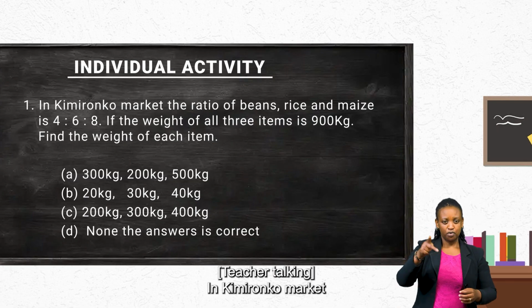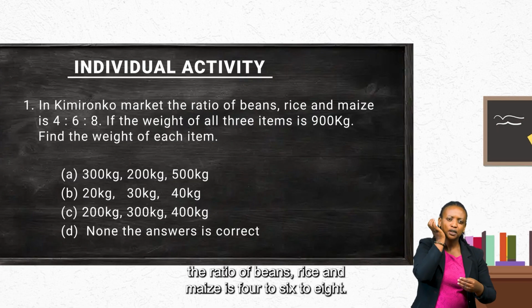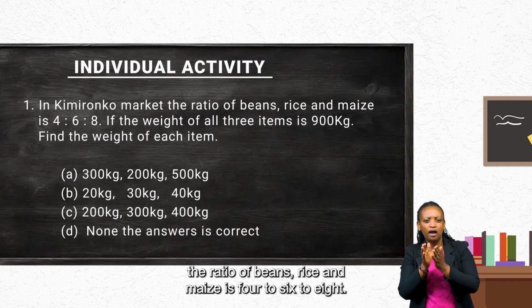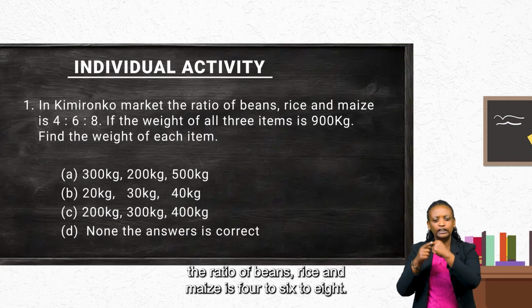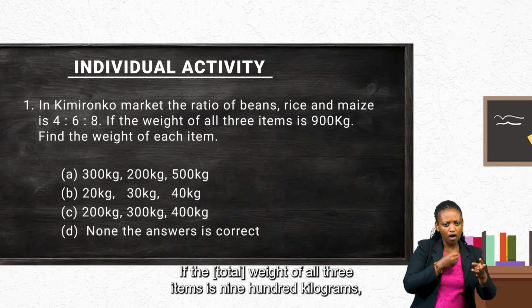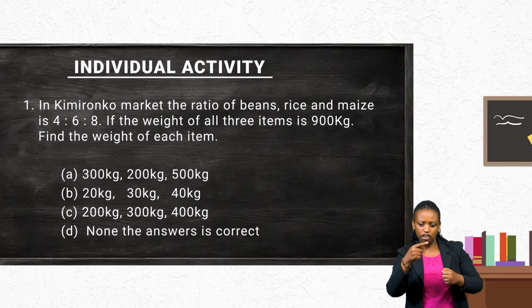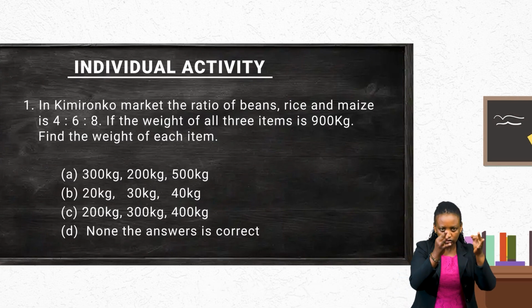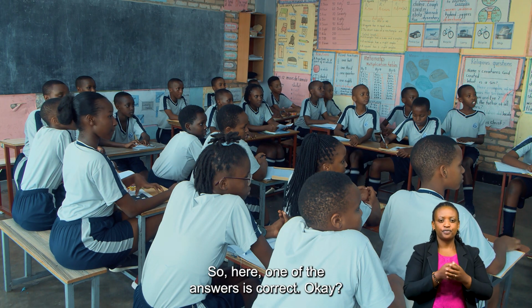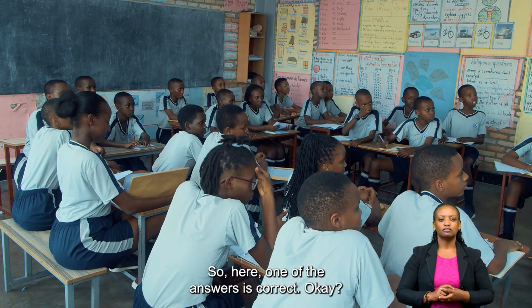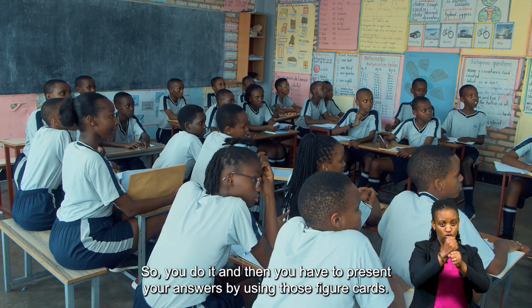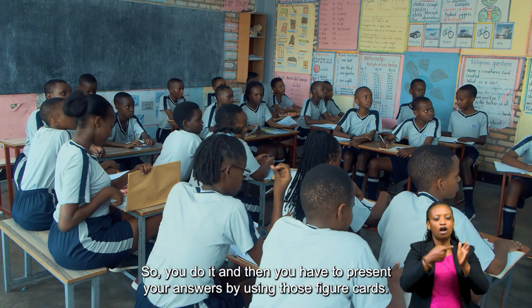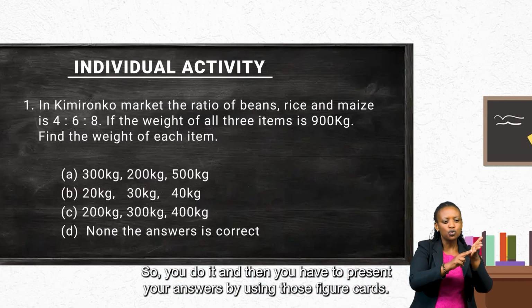In Chimirongo market, the ratio of beans, rice and maize is 4 to 6 to 8. If the weight of all the 3 items is 900 kilograms, find the weight of each item. So here, one of the answers is correct, okay? So you do it, and then you have to present your answers by using those bigger cards.